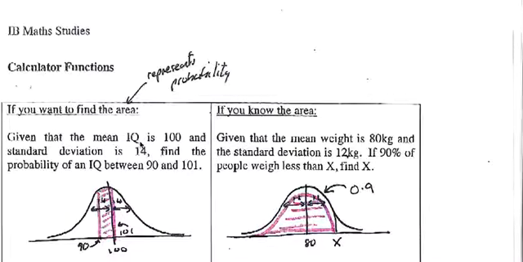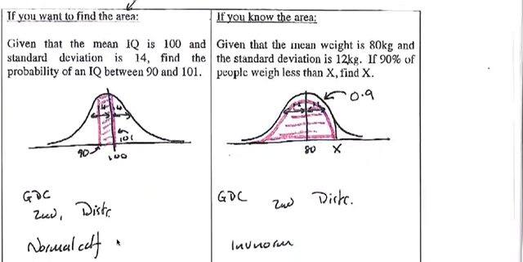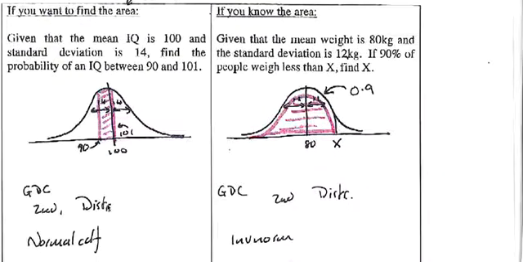So back to my example of IQ again, but if we know the mean and the standard deviation, so the mean is here at 100, standard deviation, a measure of spread, is 14 either side, I want to find the probability of choosing somebody at random and finding that their IQ is between 90 and 101. So all you do is you go to your calculator, you go to distributions, and you find the normal CDF, probability distribution.